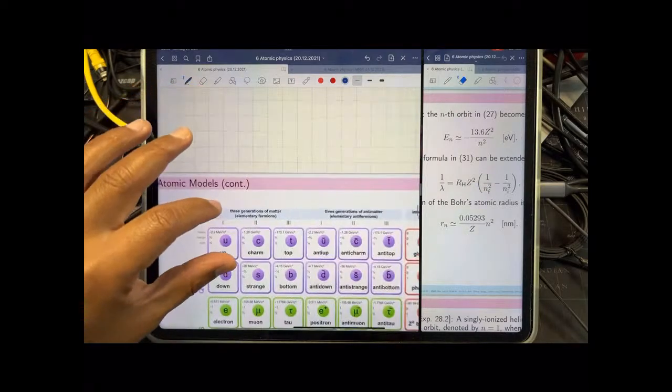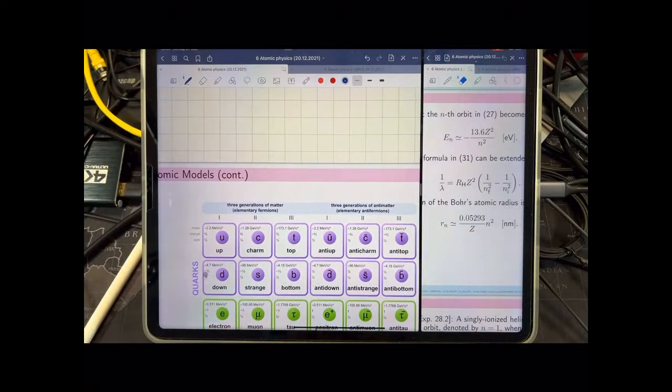You could see here in this table that these 3 elementary particles all have the charge of negative 1 by 3. These 3 elementary particles have the charge of 2 by 3.